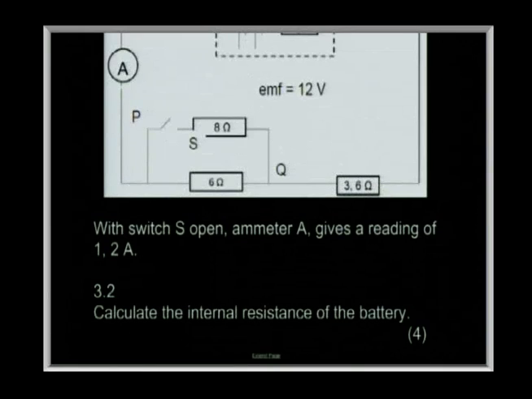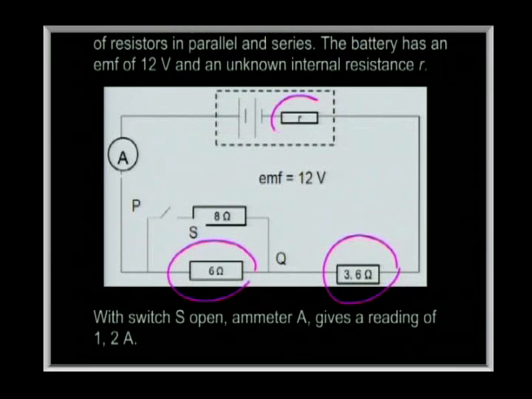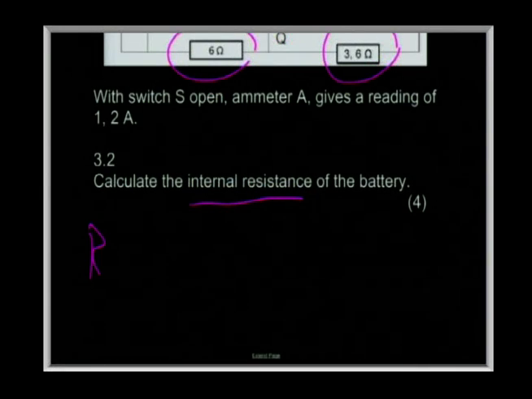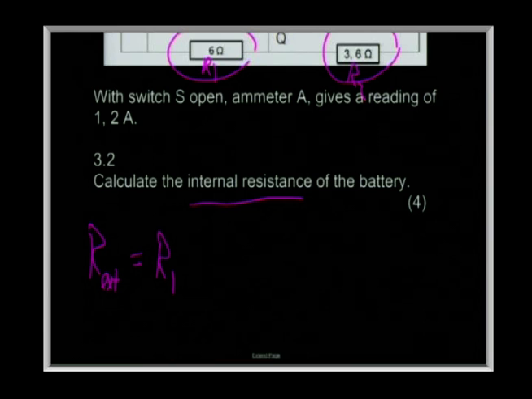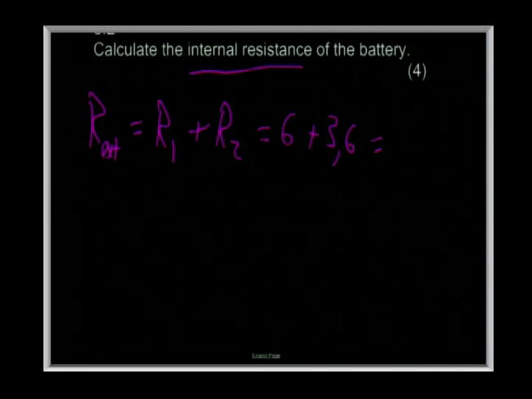Next part of the question says, calculate the internal resistance of the battery. Now remember, when we looked at this circuit, we said that's in series, and it's in series with that. So let's first of all find the R total external, which is going to be R1, this was R1, and that's R2. Add them together and see what we get. That's 6 ohms plus 3,6 ohms, and when you do that, you're going to get a value of 9,6 ohms.